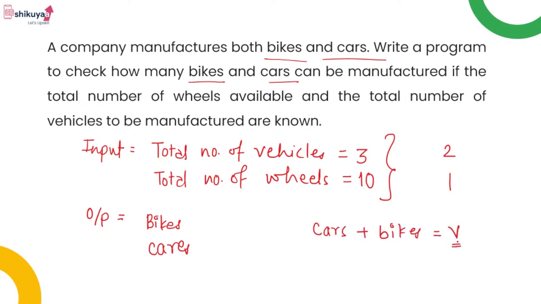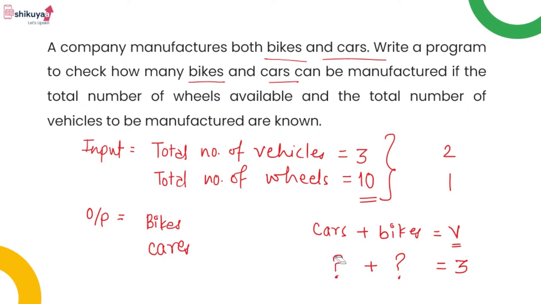I call it V. So the number of vehicles is 3. We don't know how many cars and how many bikes there are. The total of cars and bikes is 3. And the number of wheels is 10. A car has 4 wheels, so we will have a total of 2 cars, which will have a total of 8 wheels out of 10.